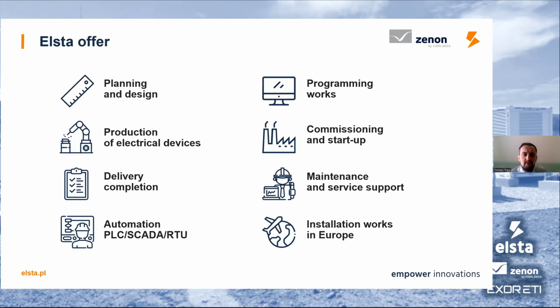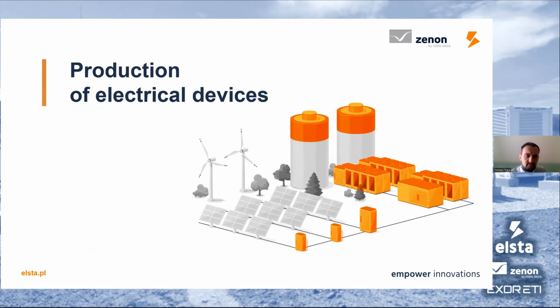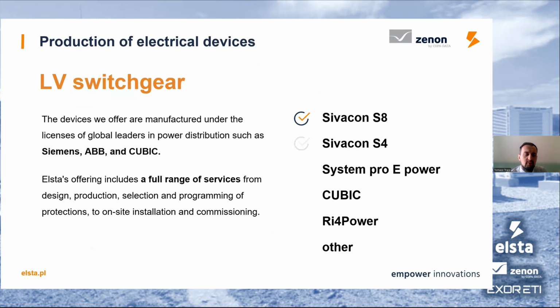Our offer is complex, like I said, from design through production, automation, commissioning, maintenance, and installations across Europe. So we're able to do turnkey projects. Quickly about the production, which is one of the main factors, we are able to produce a lot of electrical equipment, such as LV switchgear based on Siemens licenses, Cubic licenses.